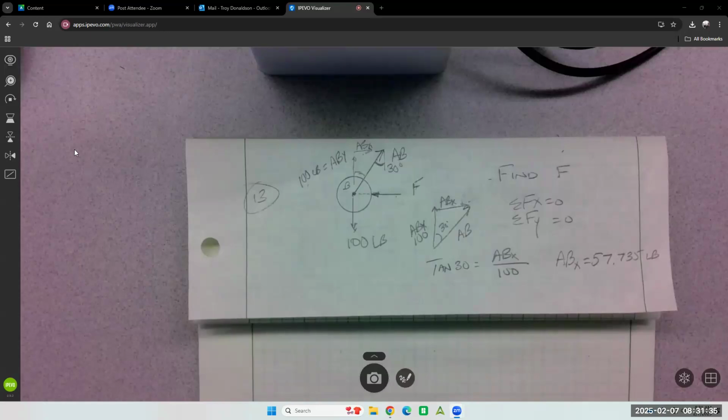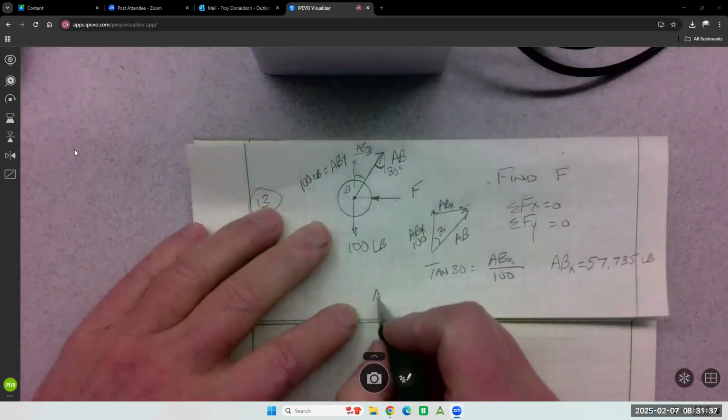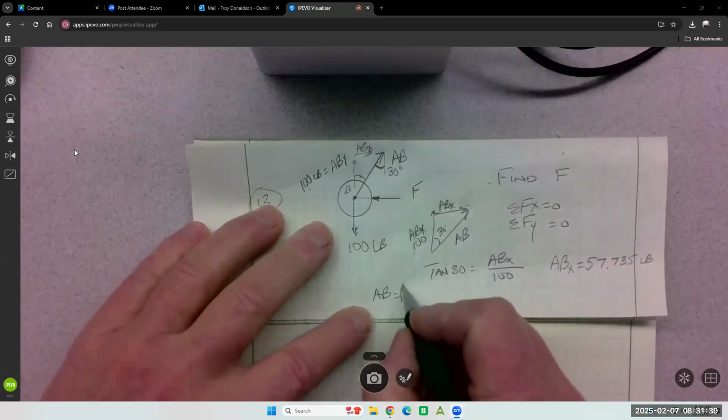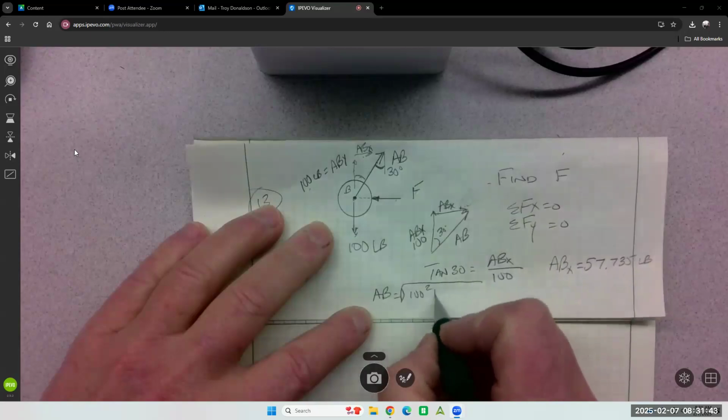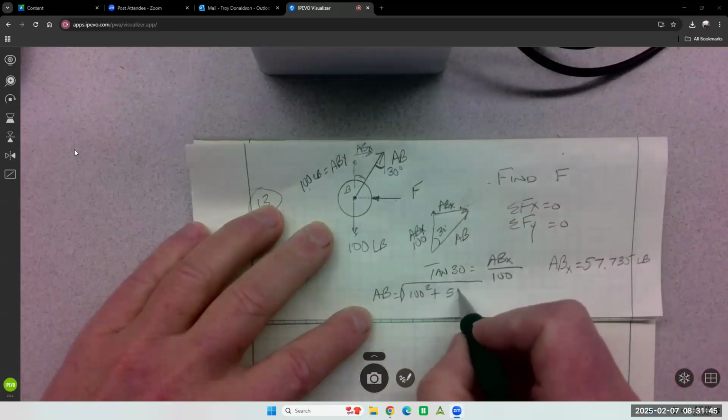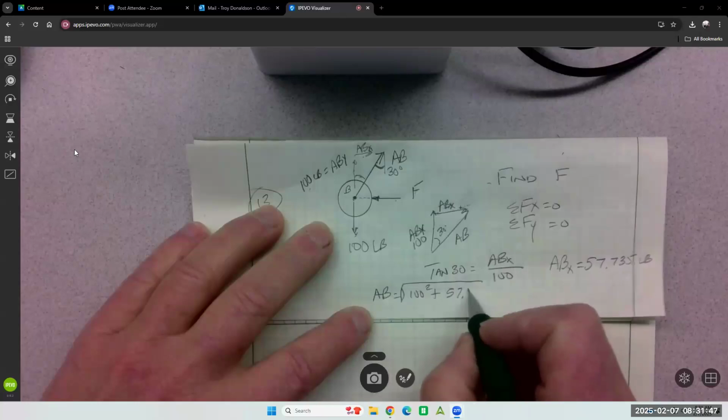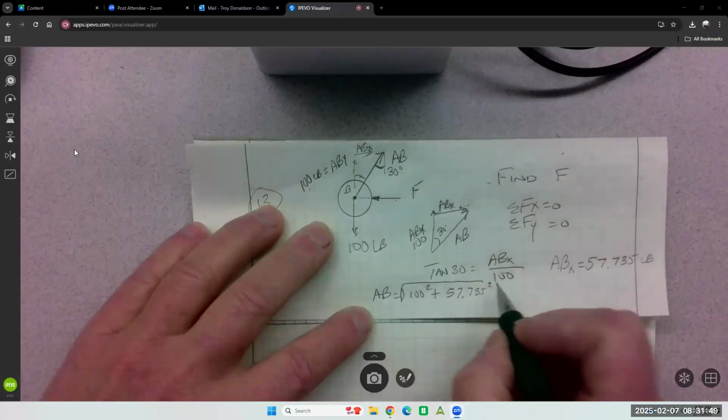Pythagorean theorem, right? So AB is going to equal the square root of 100 squared plus 57.735 squared.